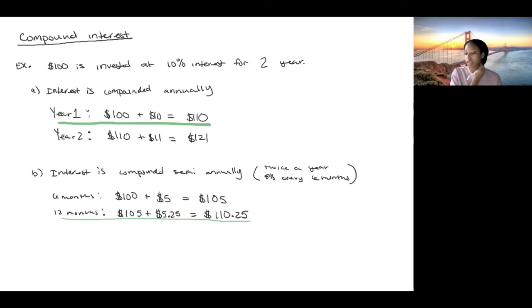If you go on to the next 6 months, that's after 18 months. We go into that period with $110.25. And then if we add 5% to that, 110.25 times 0.05, that's $5.51.